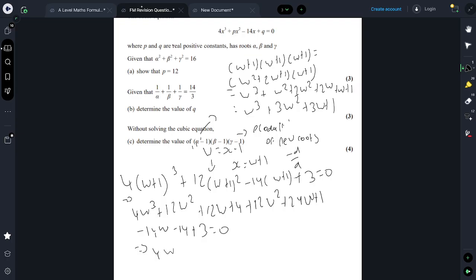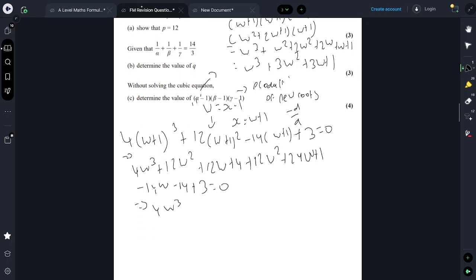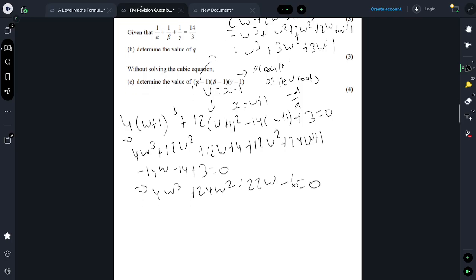Then simplify that, 4w cubed, 12w squared are 24w squared, 12w, 24, 36w, minus 36 minus 14 would be 22. Plus 4 plus what? 5. 5 and 3, 8. 8 minus 14 would be minus 6. Okay, and then therefore the new product would be minus d over a, which should be 6 over 4.